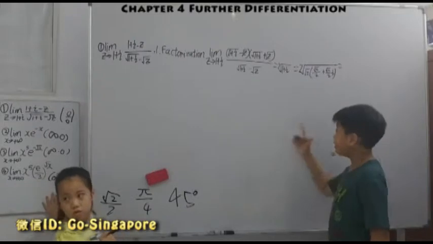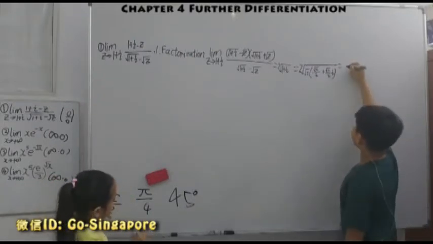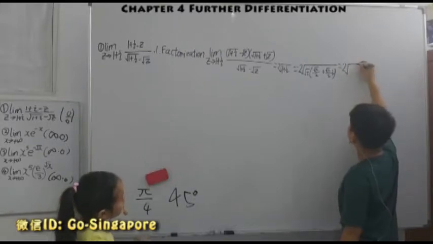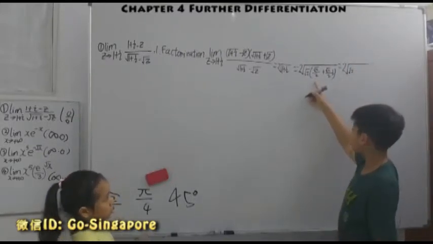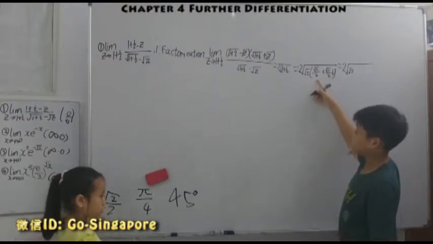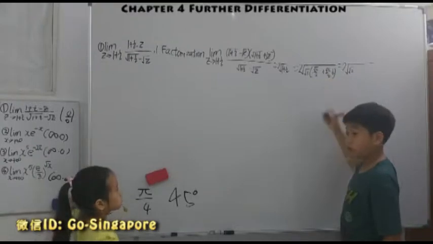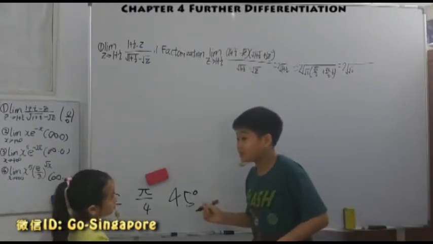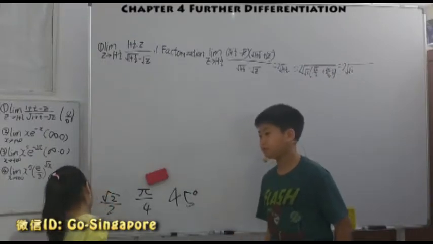Wait a second, isn't it these two? So this is the square root 2. But remember, here this is a cosine, very obvious, and here is a sine. Why is it like that? Because we're going to use Euler's formula.